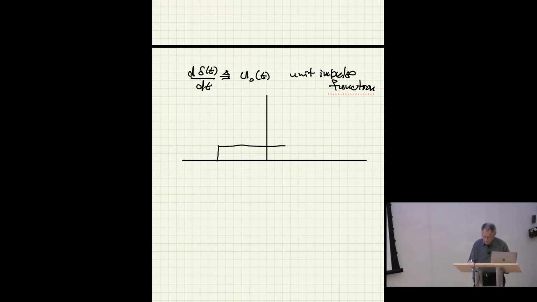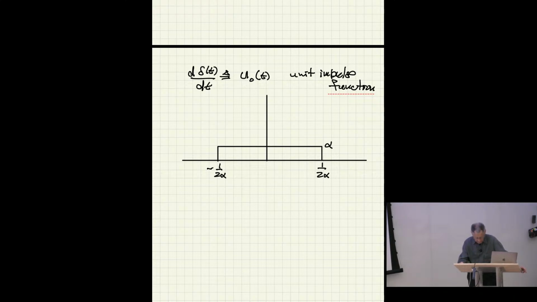It's a rectangular pulse over the interval from minus 1 over 2 alpha to plus 1 over 2 alpha at a height basically alpha.